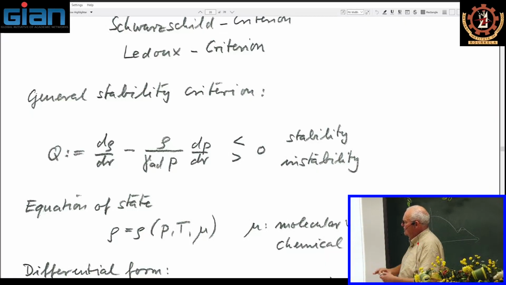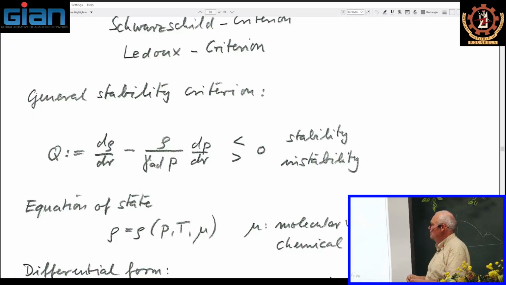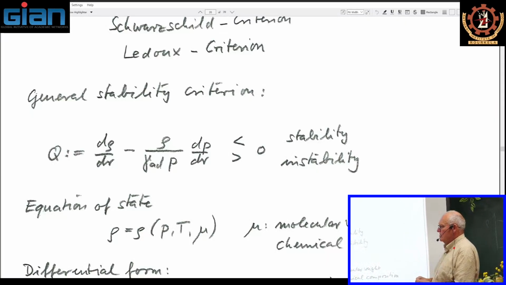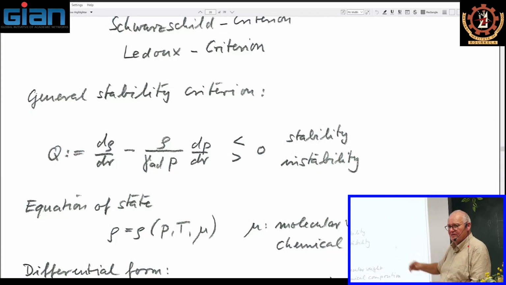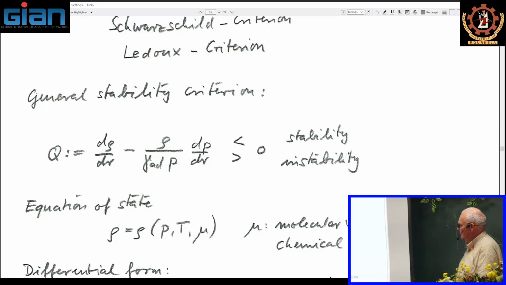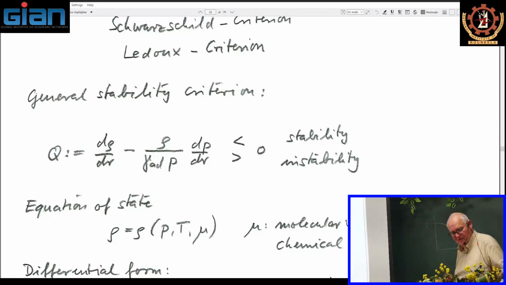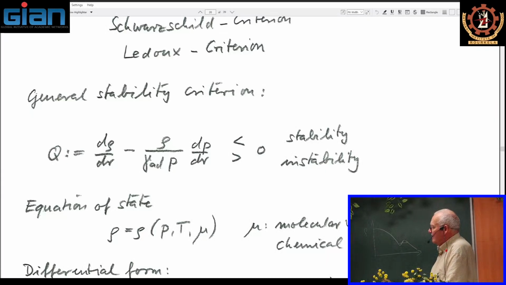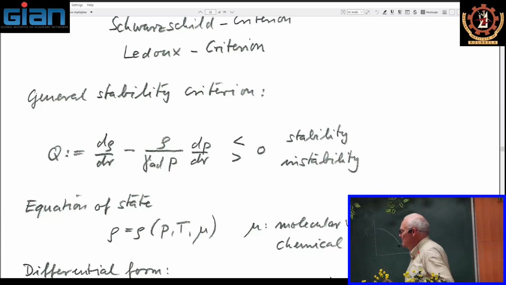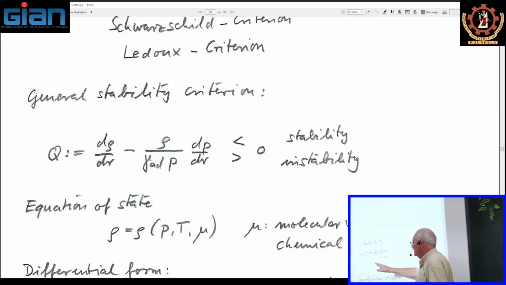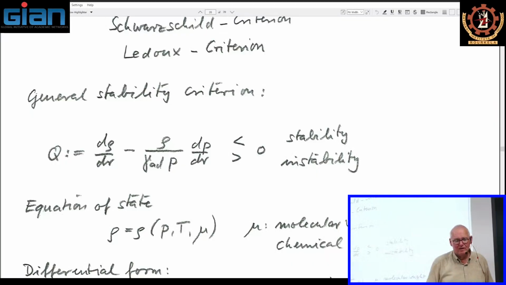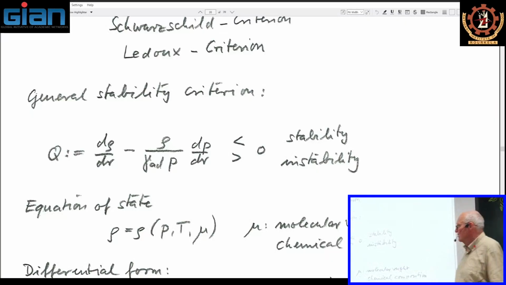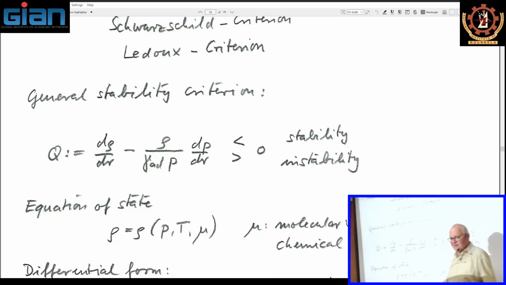How do we derive from this criterion the standard form of the criteria for onset of convection, which is Schwarzschild's criterion and Ledoux's criterion? These are the criteria which are used in standard stellar physics. Well, the connection to the standard criteria is given by the equation of state. We simply reformulate this criterion in terms of the thermodynamic basis, pressure and temperature, rather than density and pressure as derived here.